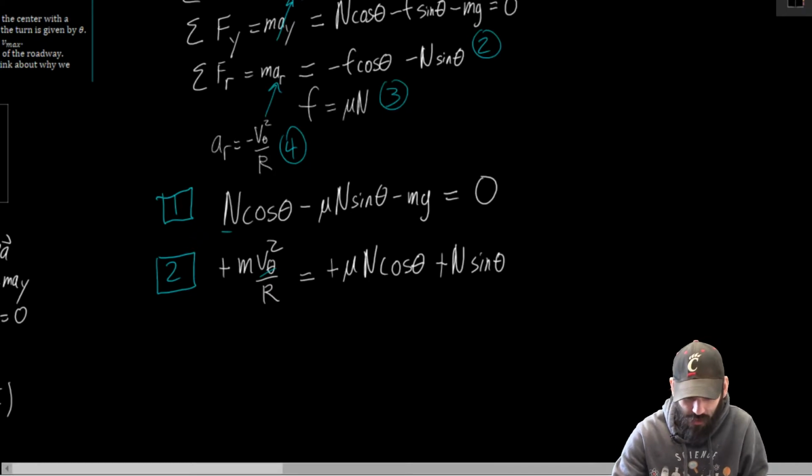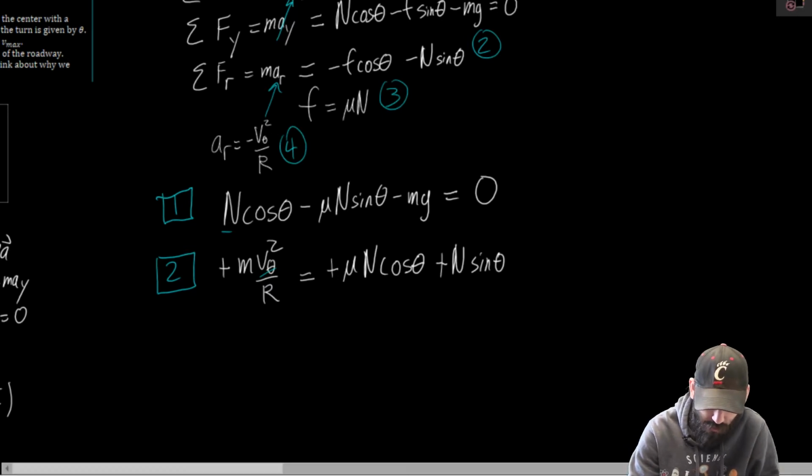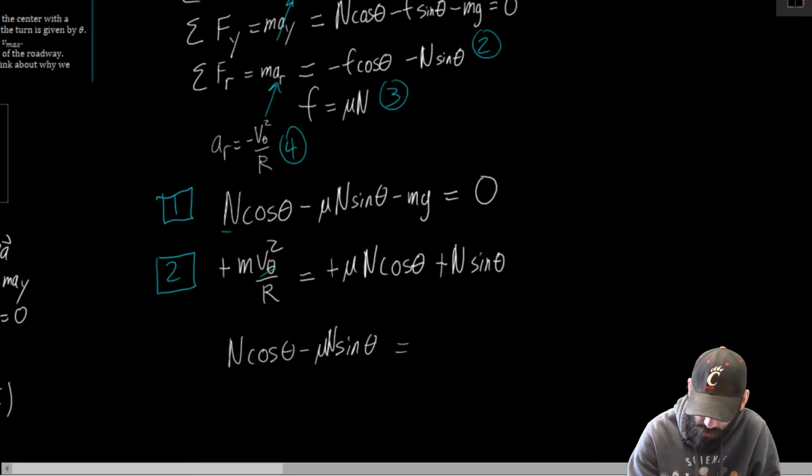Then I'm going to take equation 1, and I'm going to solve for n. So when I do that, the first thing I can do is move this mg to the other side. So I have an n cosine of theta minus mu sine of theta, and we lost an n there, is going to be equal to mg.